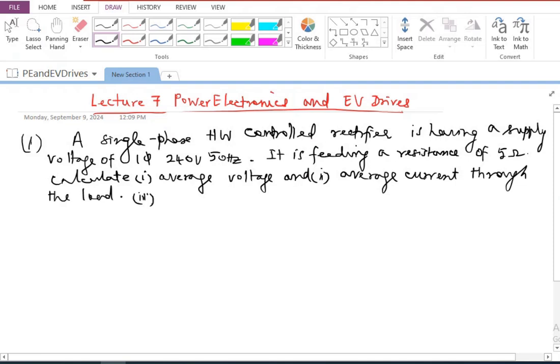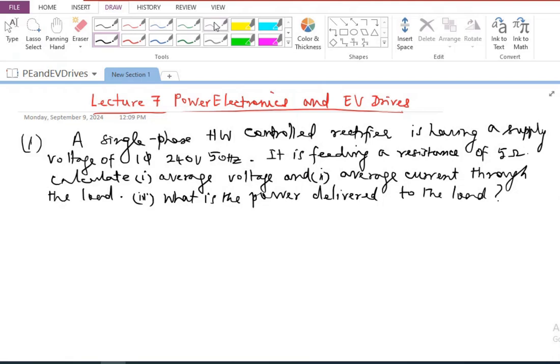What is the power delivered to the load? So this is what is being asked.